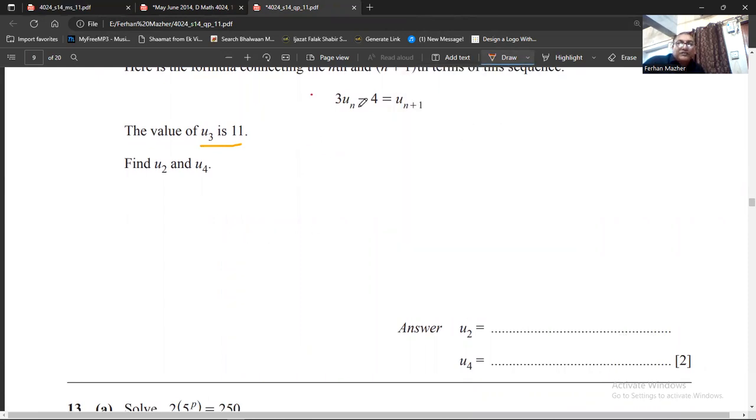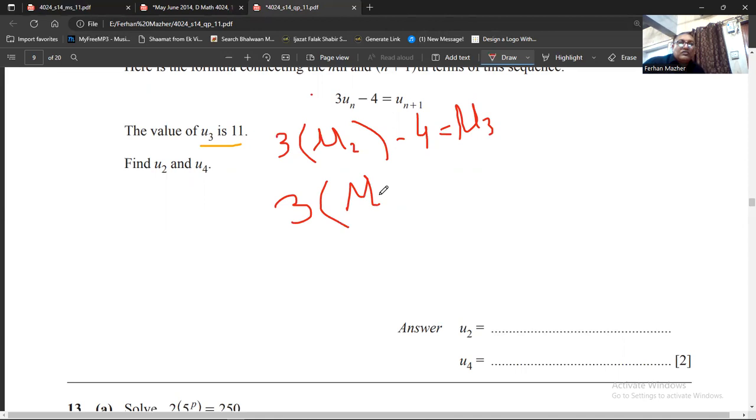I can show you a very important thing. Okay. So 3 into u2 minus 4 will be equal to u3. Okay. And 3 into u3 minus 4 will be equal to u4.